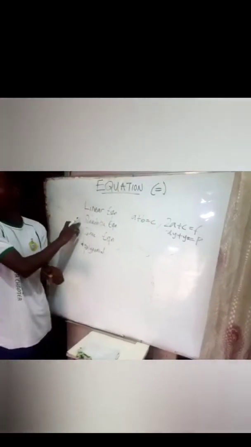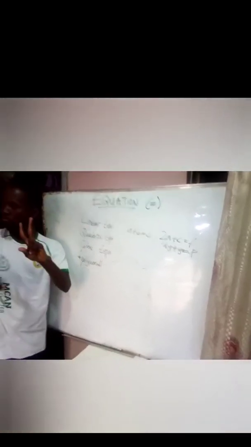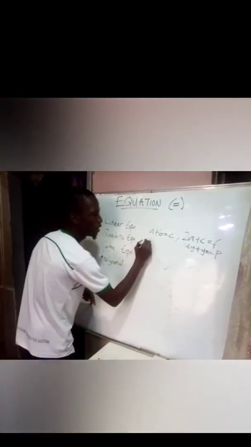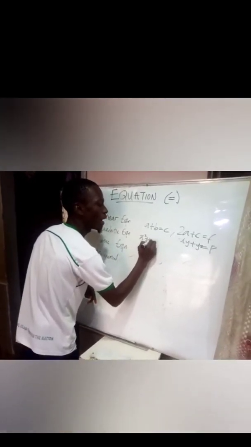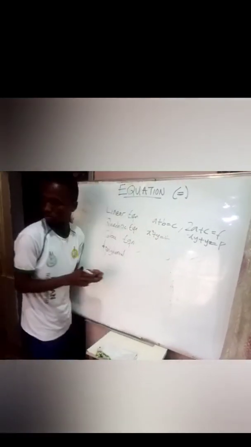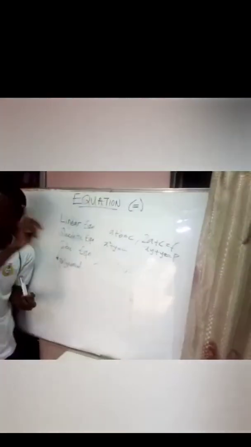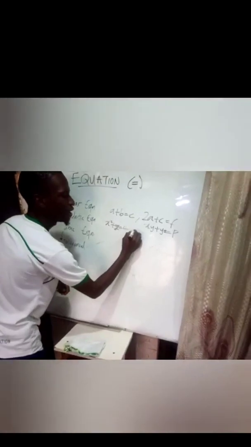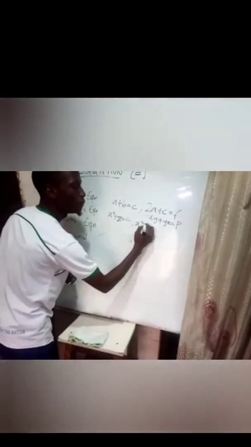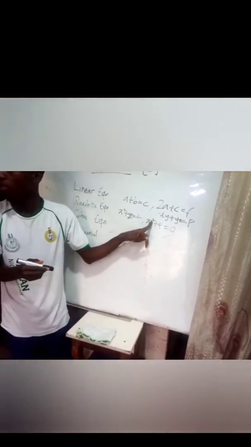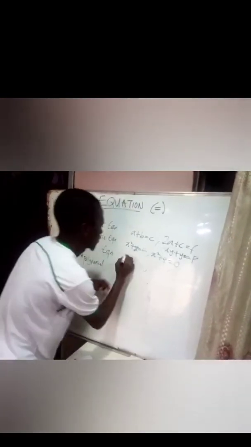While for a quadratic equation, quadratic means it is raised to power of what? 2. For example, x squared plus y is equals to 4, or let's say x squared plus x is equals to 4 to make it uniform. Mostly they are uniform. When you have x squared plus 4 is equals to 0, we are more concerned about this square. Or you have something like this.